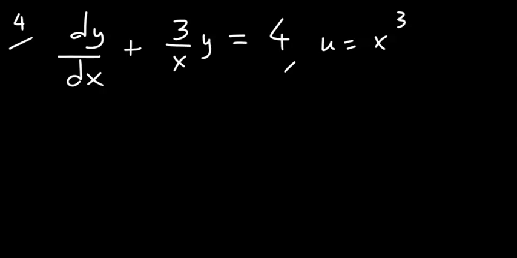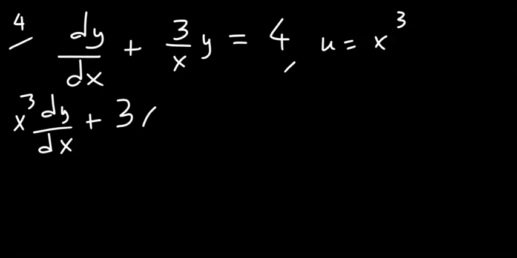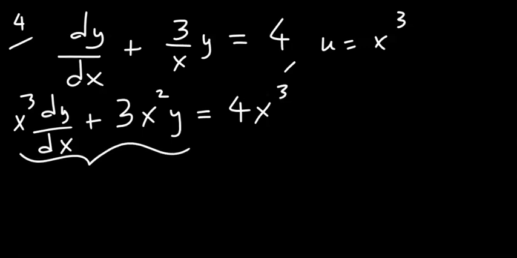Multiplying this differential equation by u, you get x cubed dy/dx plus 3x squared y equals 4x cubed. Now the left-hand side can be rewritten in an exact form as d/dx of x cubed y.